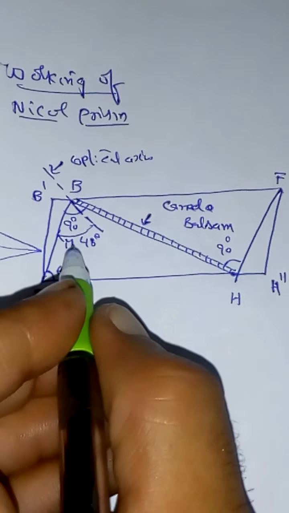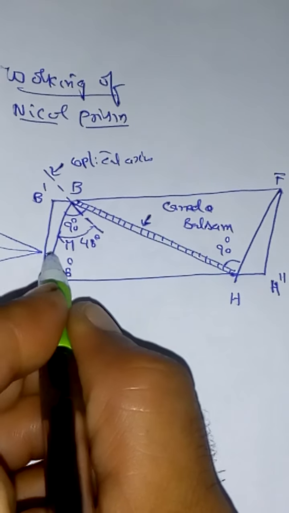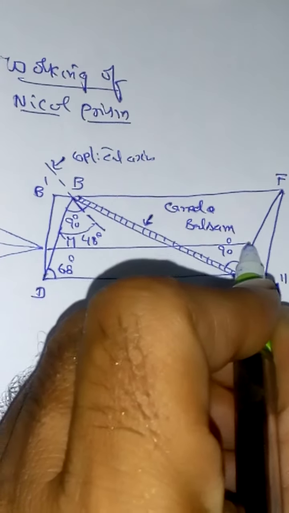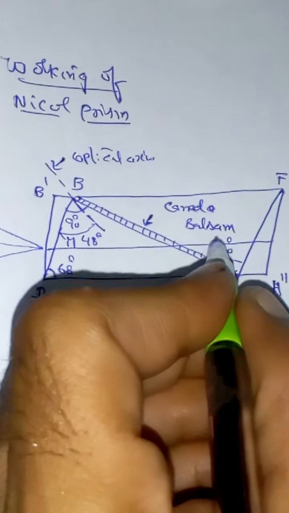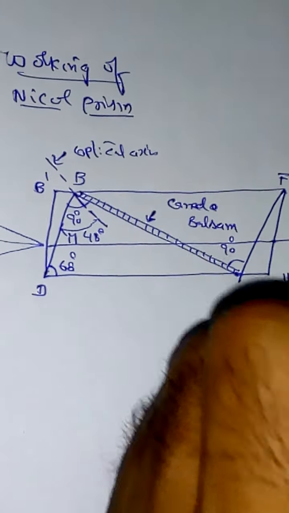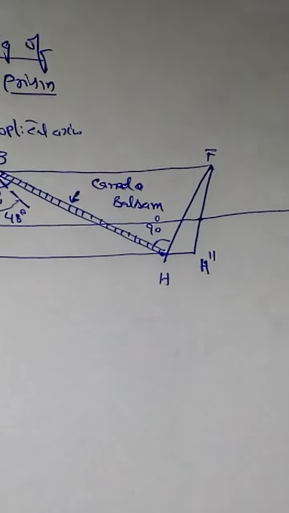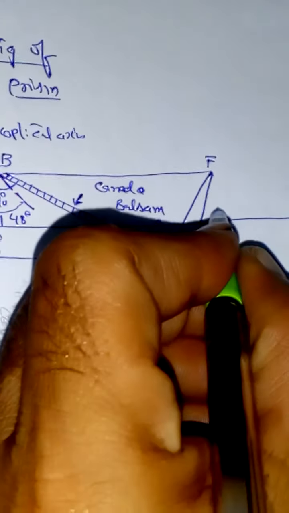How does it split? Now this ray is split. So therefore you will have the extraordinary ray coming like this.